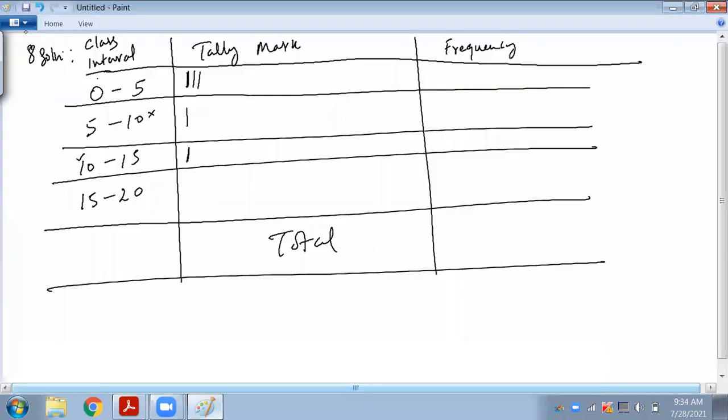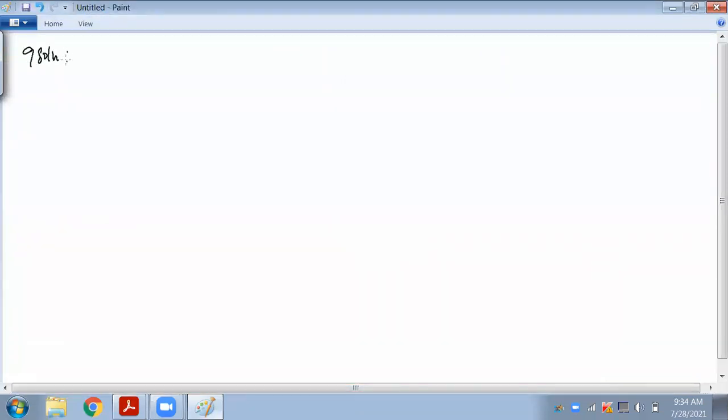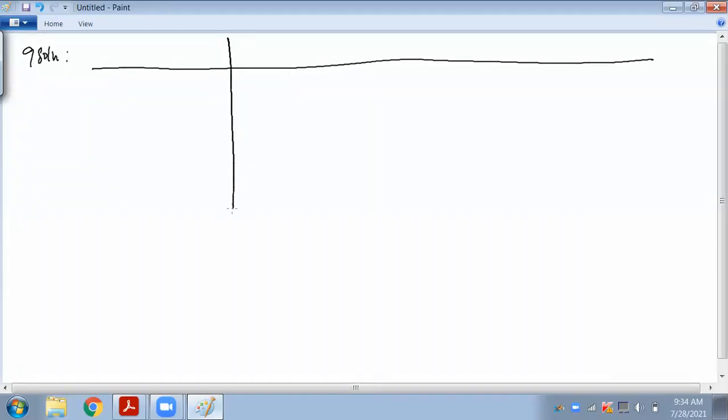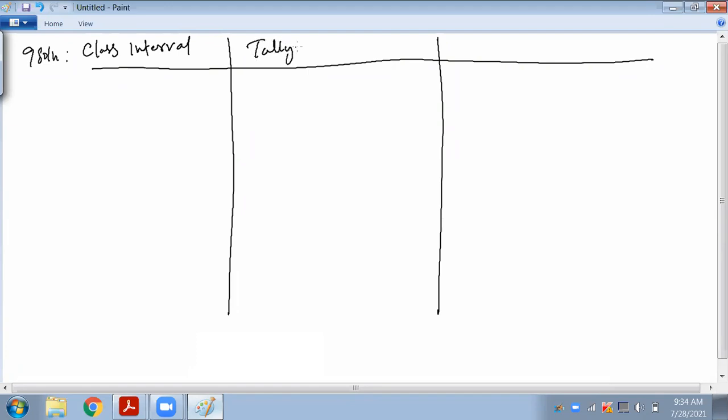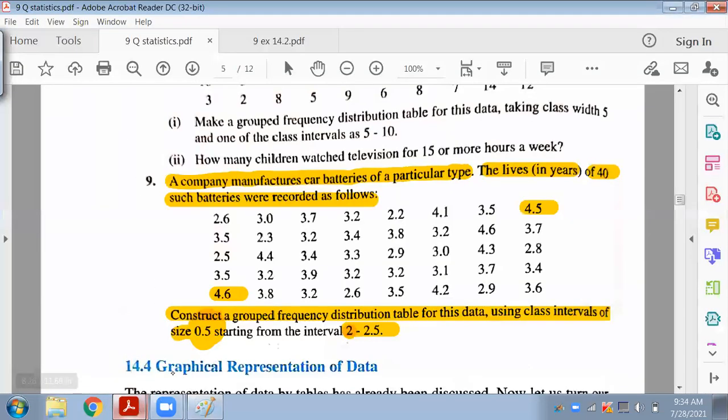Okay, so let's start. Here also we are going to make a group frequency distribution table, because the class interval is given. Class interval, tally, marks, frequency. So the first class interval was 2 to 2.5.